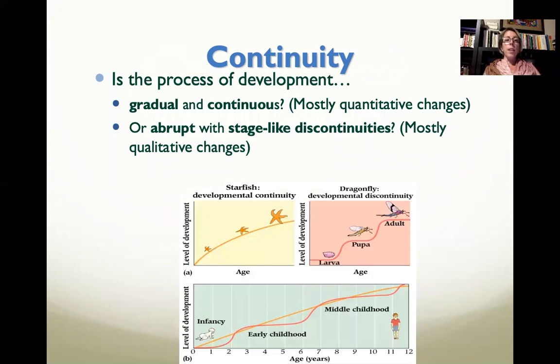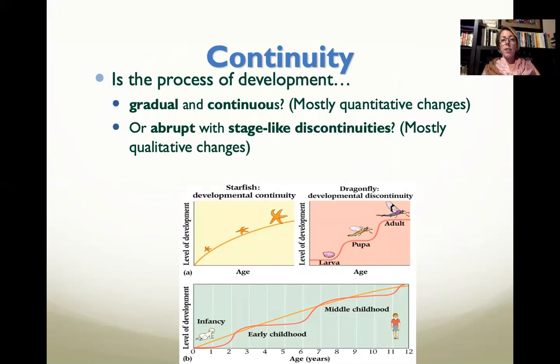So continuity is the idea of whether we are growing gradually and continuously across life, like a starfish, or growing in abrupt stage-like discontinuities, like some sort of fly, that might be living in a very different place, looking very different, moving around the world very differently in different stages of their life.